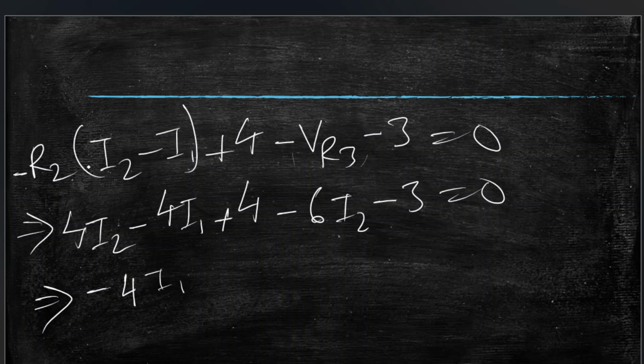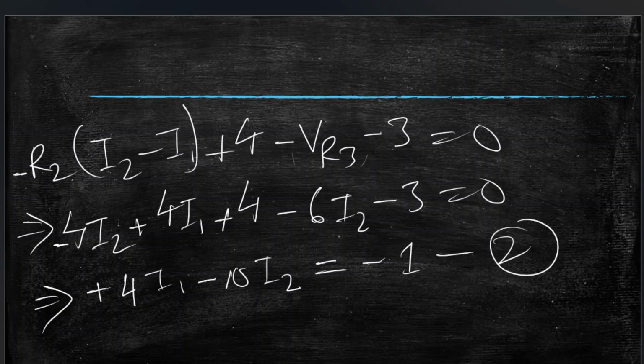So minus R2. Okay, so this will be minus 4I2. And this will be plus 4I1. Yeah, the rest are okay. Minus 4I2 minus 6I2, that's minus 10I2. And then 4 minus 3, that's plus 1. Send it to the right side, so minus 1. That's our equation 2. Okay.